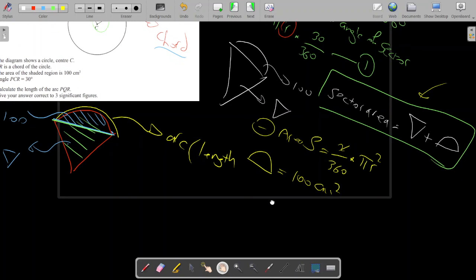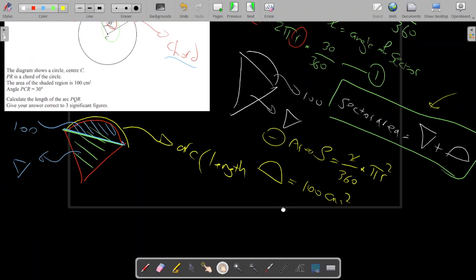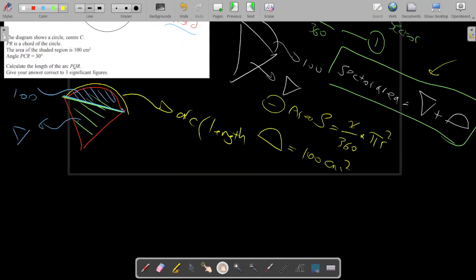Now, the confusing part, or what's going to consume a little bit of your time, is the triangle itself. The triangle that you're trying to find the area of, you have to use what you know as information. What you know is that this angle here is equal to 30 degrees, and you know that this side is equal to r, and this is equal to r.